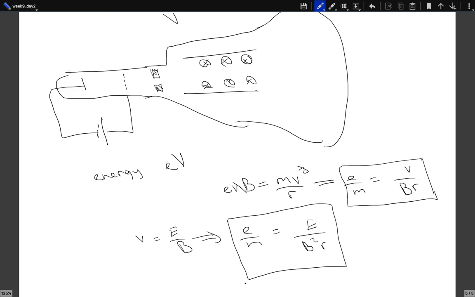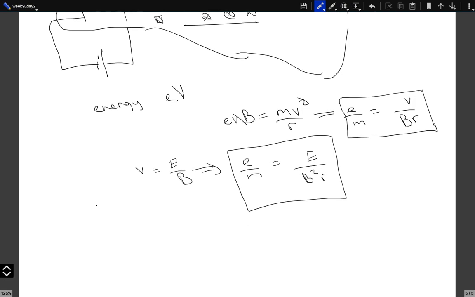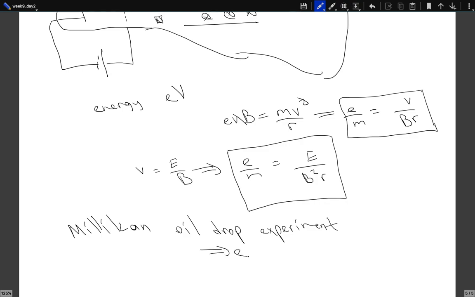Of course, this measurement doesn't tell us the mass, nor the energy of the electron, but it tells us what their ratio should be. And then there was the experiment by Millikan, the oil drop experiment. Well, this told us what the charge of the electron is.